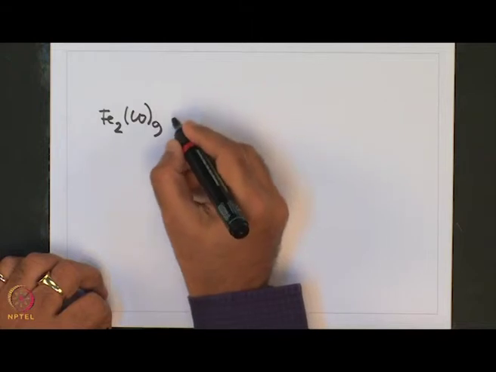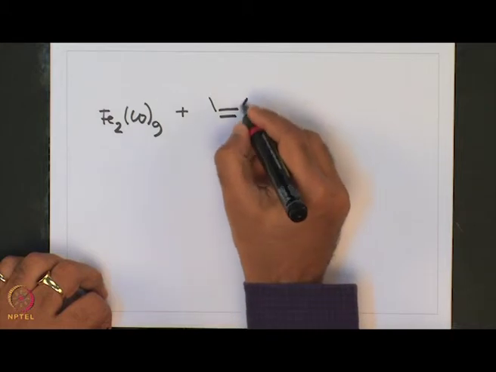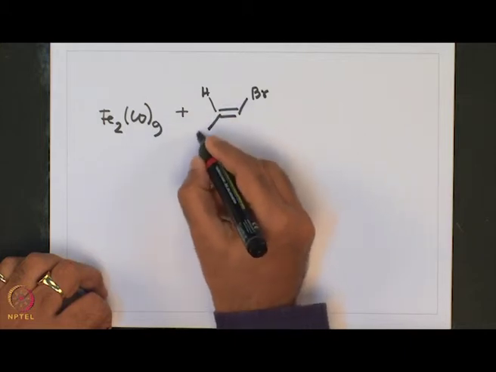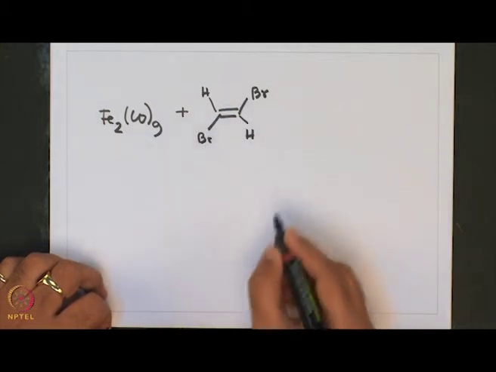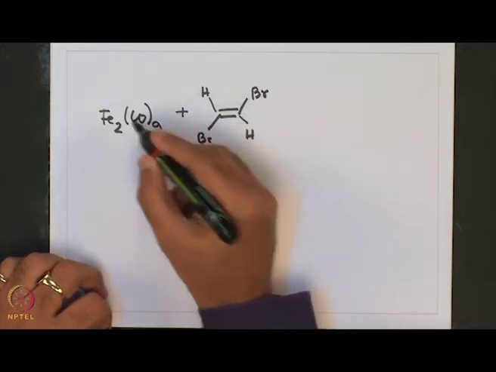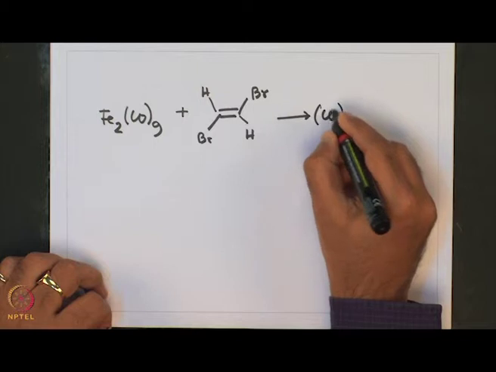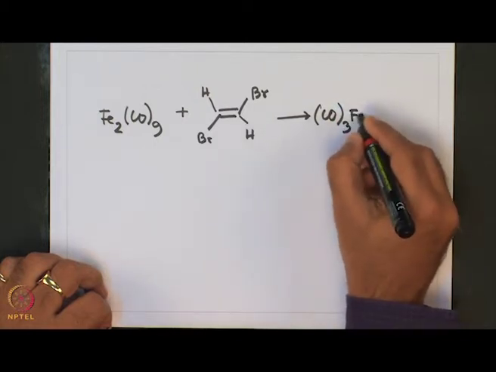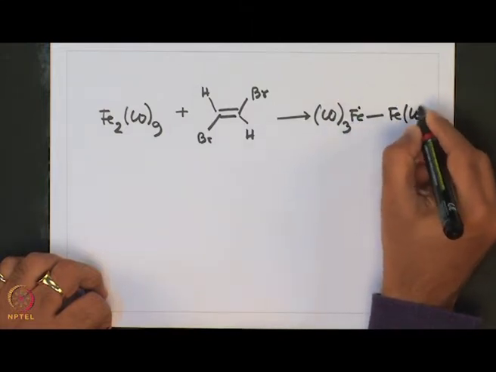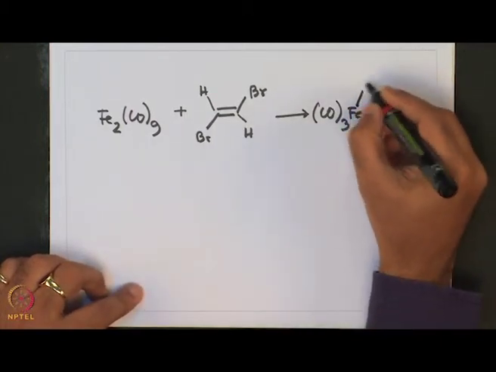dicarbonyl reacting with 1,2-dibromoethane, where the C-Br insertion happens, resulting in the following iron alkenyl compound.